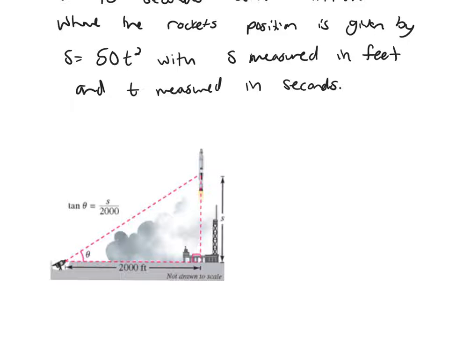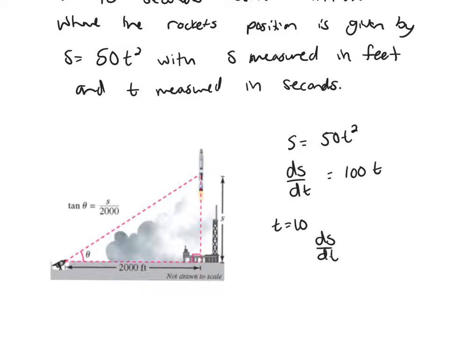And so again, we're going to break this down into what we are given. Well, we need a rate that we're given. We are given s in terms of t. s equals 50t squared. And so if we take the derivative of this equation, ds/dt, we get 100t. And I'm told that t is equal to 10.